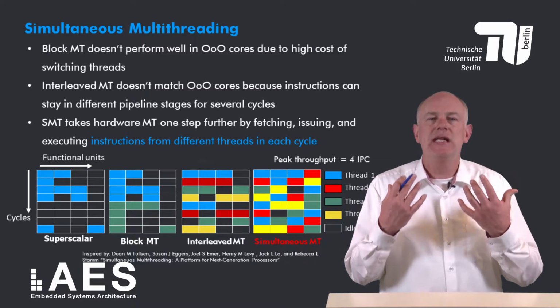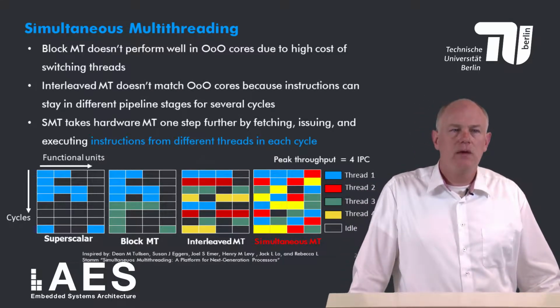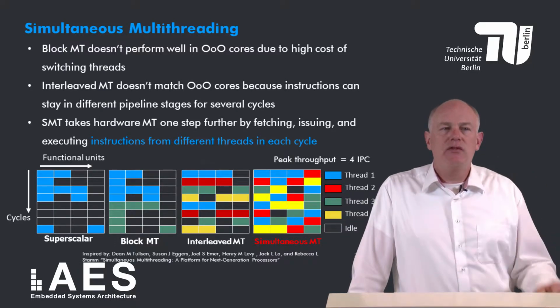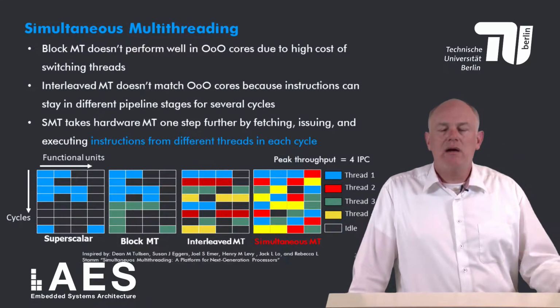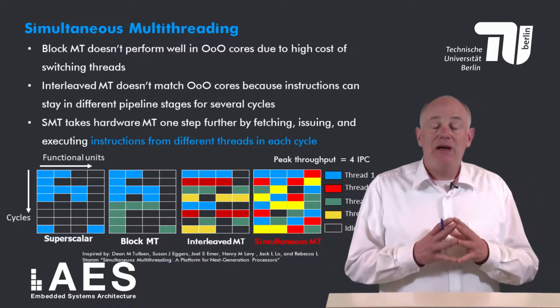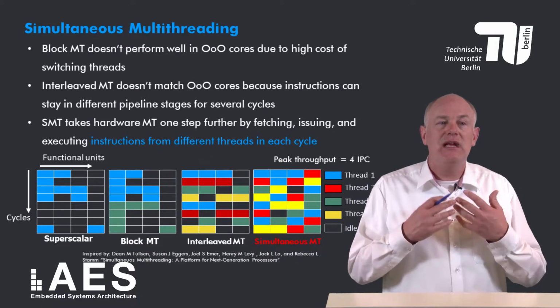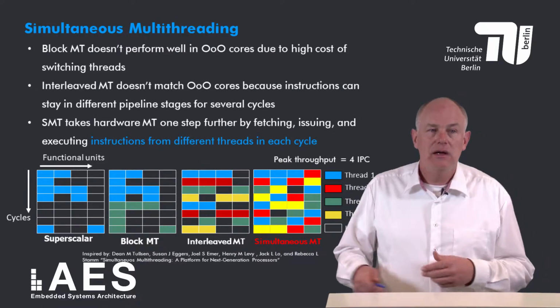Each of them are stages and may be comprised of several cycles. Simultaneous multithreading takes hardware multithreading one step further by fetching, issuing and executing instructions from different threads each cycle.